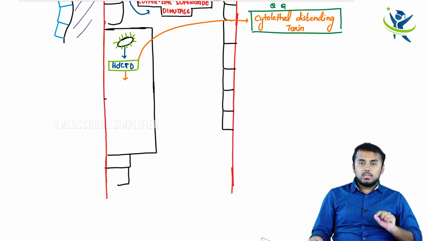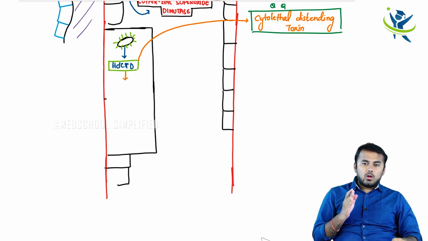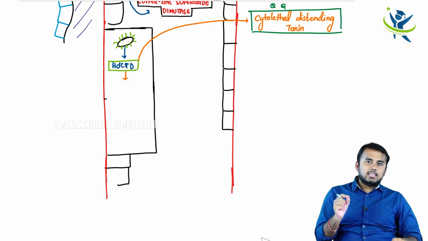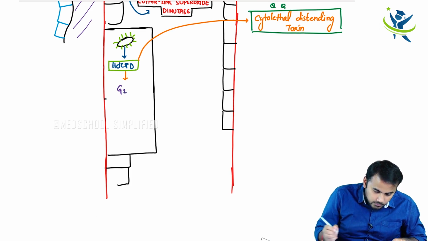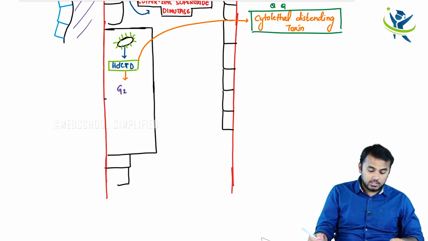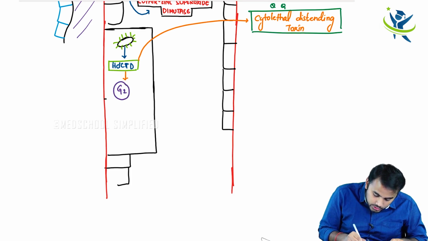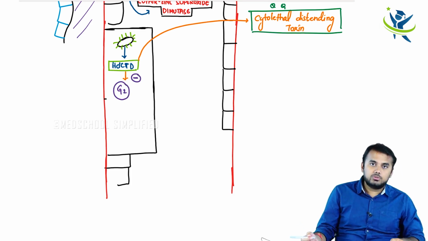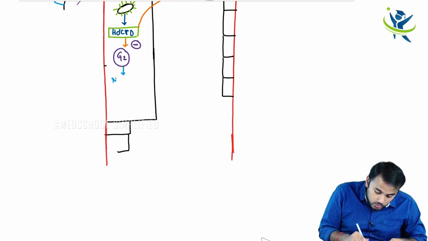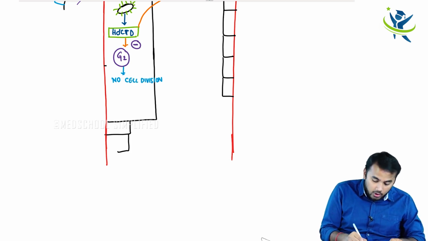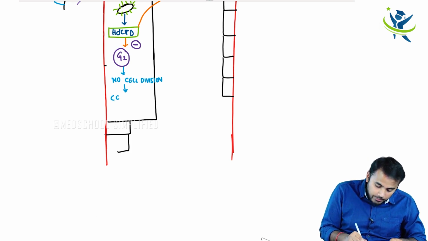So what this cytolethal distending toxin will do is it will go all the way and look at that cell cycle. In that cell cycle there is a specific stage called the G2 stage. It will inhibit this G2 stage. When it inhibits this G2 stage, there will be no cell division. When the cell cannot divide, cell death will happen.